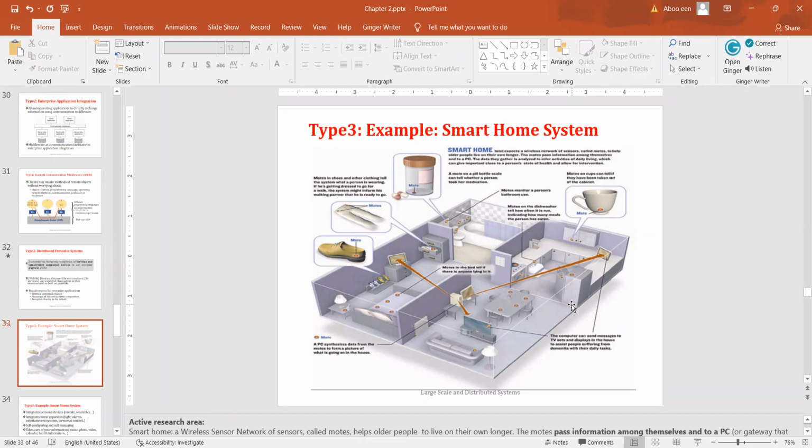And even with the help of voice, these embedded devices can recognize the owner's voice, and with a command or instruction from the owner, these devices can function. Like when the user says increase the volume, the device automatically increases the volume. When the user says shut down, the device automatically shuts down its functions. So these are the smart home systems.